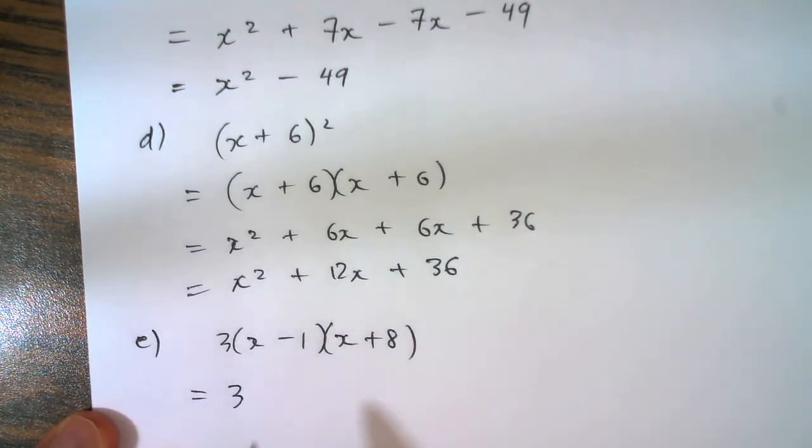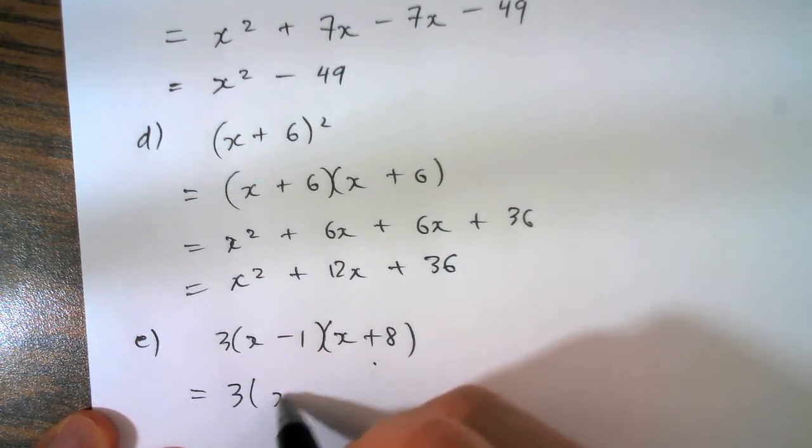So we're going to multiply the two binomials, and then we'll multiply by the 3.